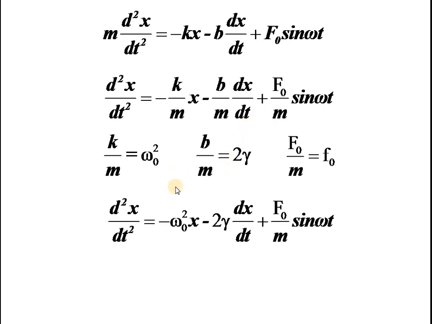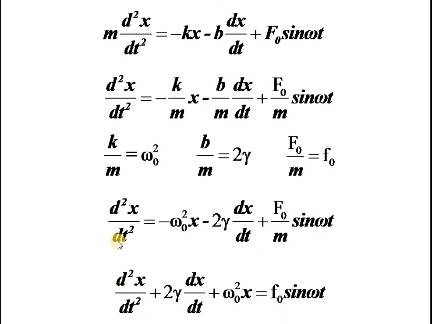So when you input these values, our differential equation now becomes d square x by dt square is equal to minus omega 0 square x, where omega 0 is the natural frequency of the oscillator, minus 2 gamma dx by dt plus f0 sin omega t. Of course, now you can bring certain terms to the left hand side.